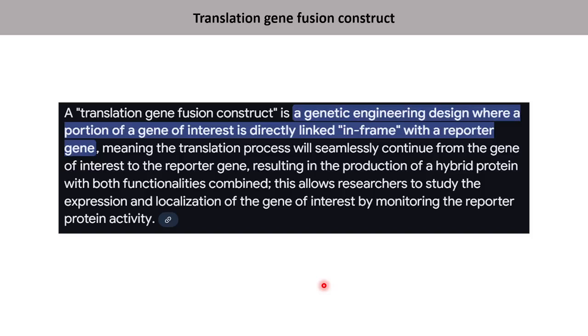So once our protein of interest is linked with the reporter protein, we will be visually able to tell how much that protein is expressed or where that protein is expressed. This mechanism of producing a fusion protein of a gene of interest and a reporter protein is called a translational gene fusion construct.